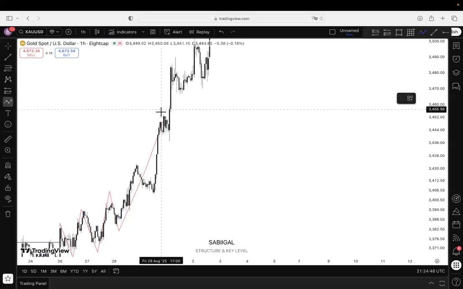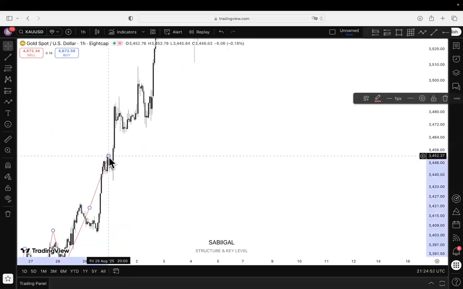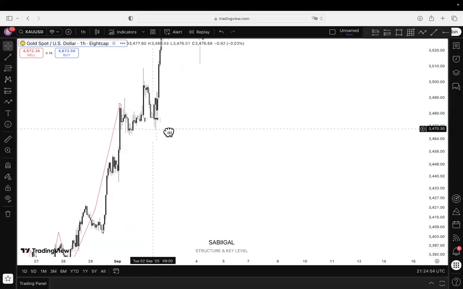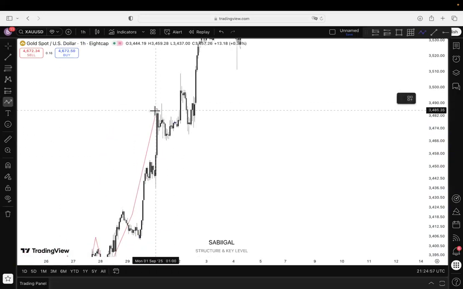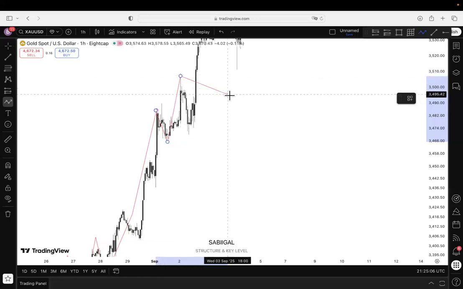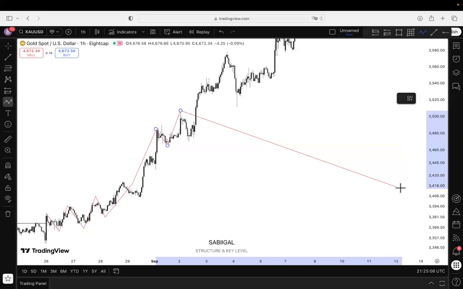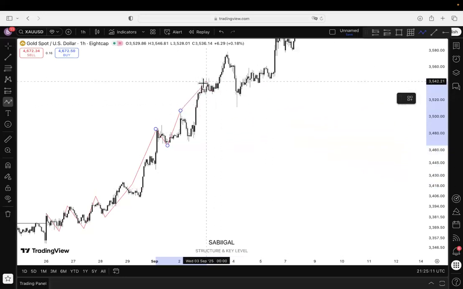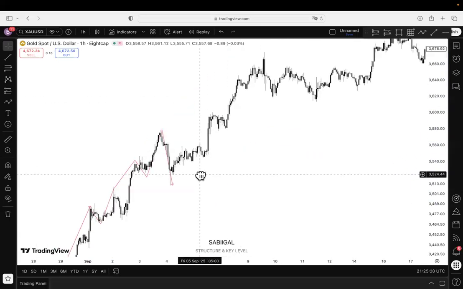We have break of structure, yeah, okay. Break of structure, yeah, swept it.